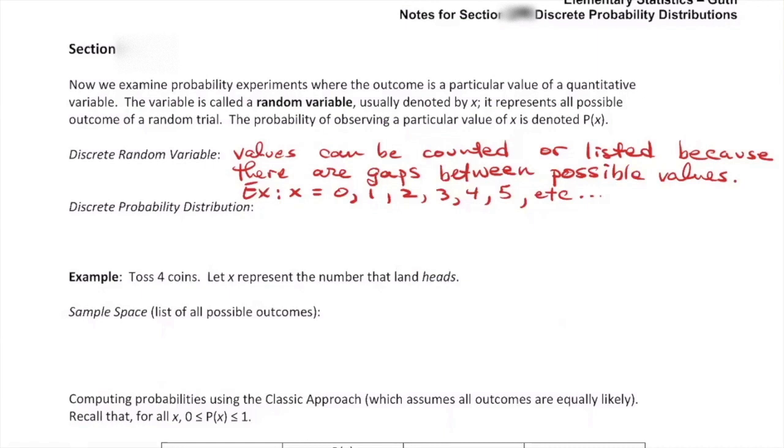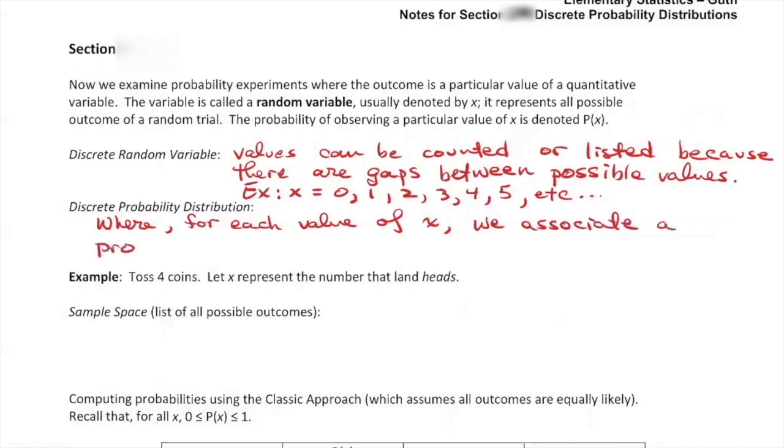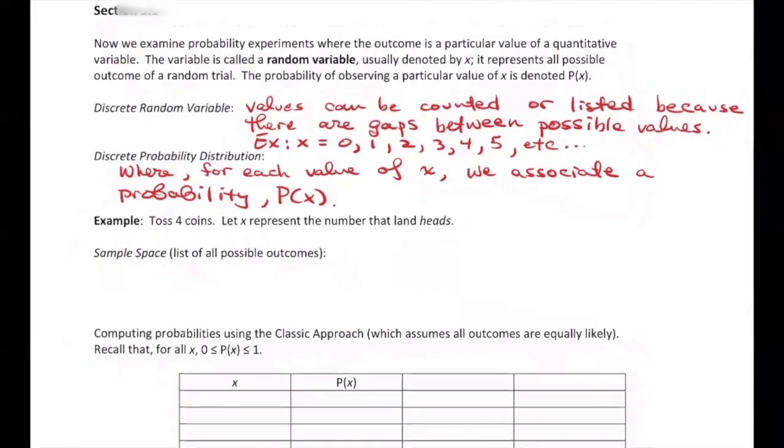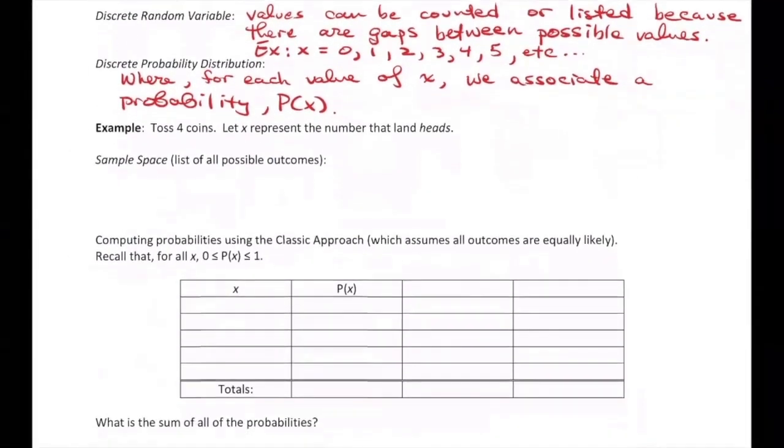And then the probability distribution is where for each value of X, we associate a probability, which will be P of X. Okay, and you can see down below on the handout that there's a table where I'm going to have a bunch of different values for X, and then I'm going to figure out the probabilities for every outcome.